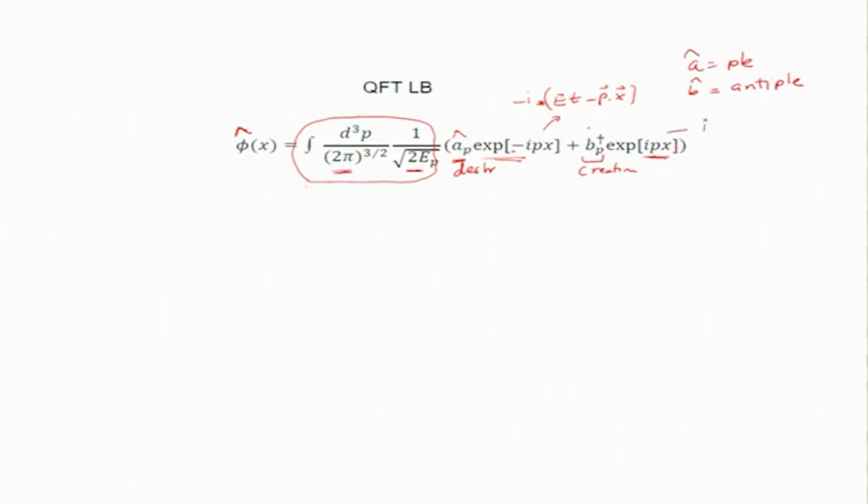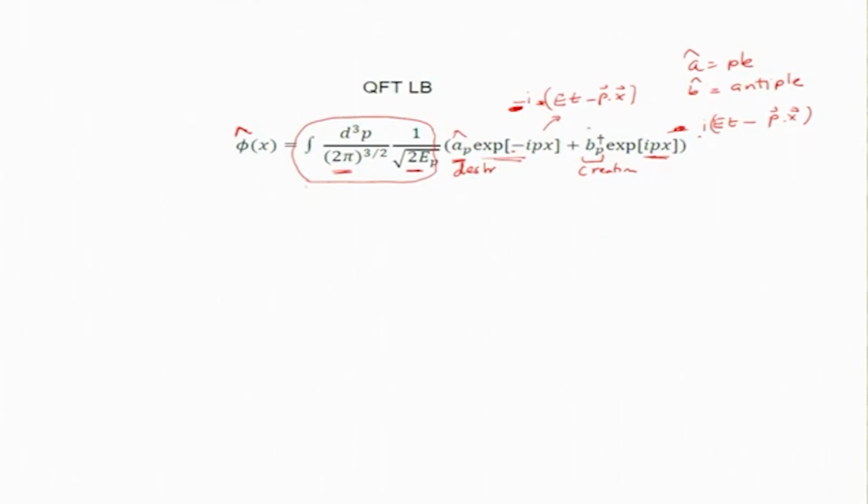This one will come with plus iEt minus p dot x, a negative energy. So, there is no minus sign here, there is a minus sign here, and there is no minus sign here, and this is how we combine the two sets of particles.